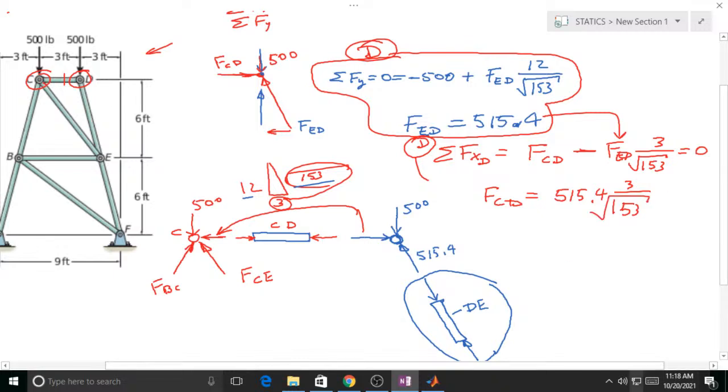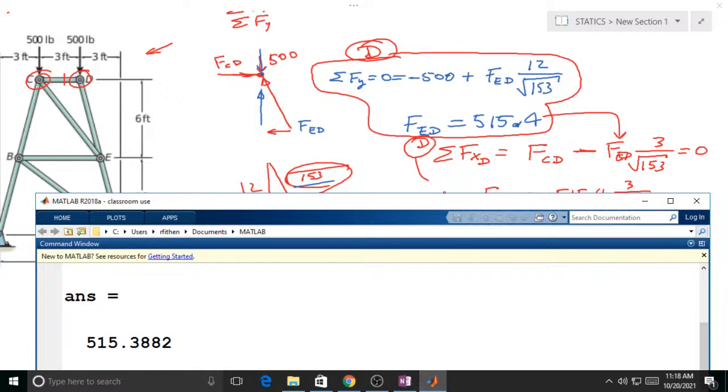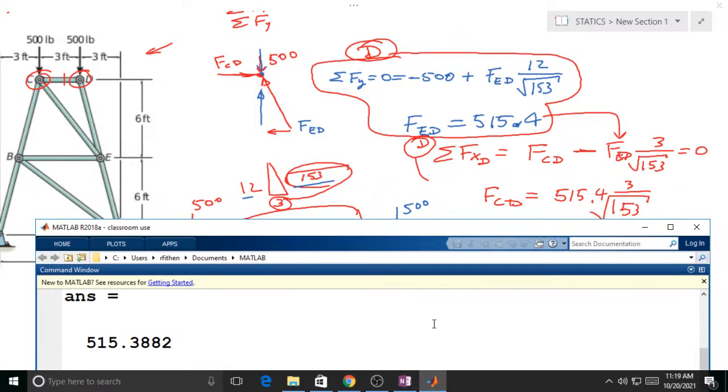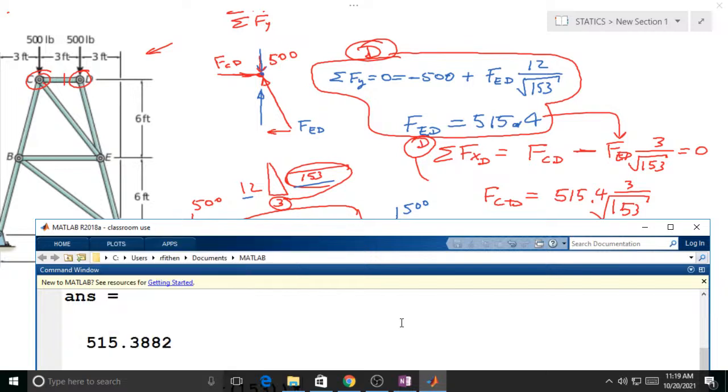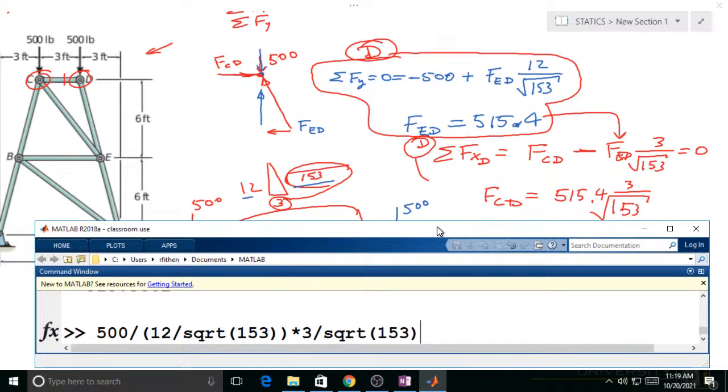And let's see. We'll just take the answer there, times 3 divided by the square root of 153. Did I get that? Oh, I guess I can't see it. What happened there?